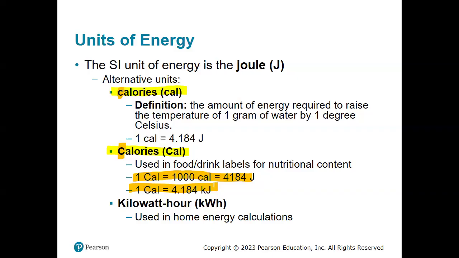Now, there are other energy units that exist. So, for example, you'll find things like BTUs, British thermal units, used for things like measuring air conditioners or heating units, furnaces, space heaters, those kinds of things. Kilowatt hours are used for energy.